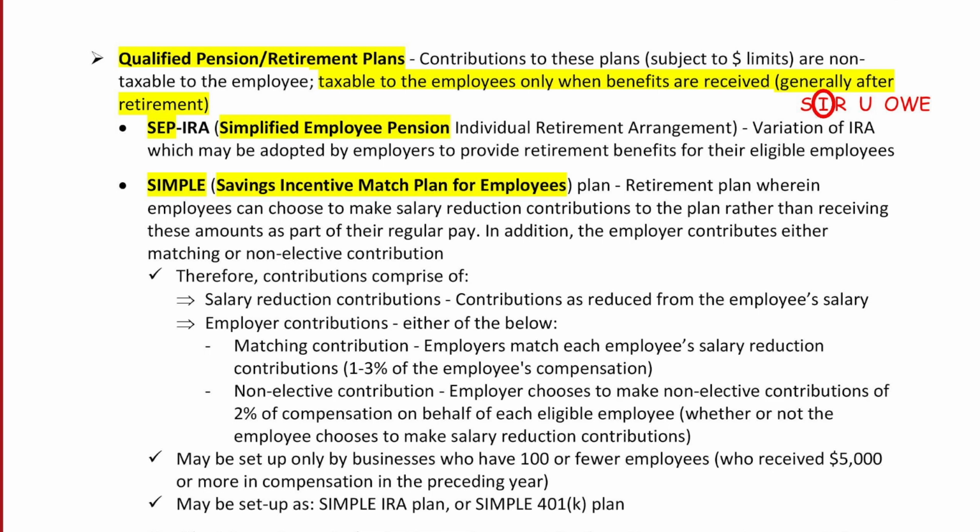This one's a retirement plan wherein employees can choose to make salary reduction contributions to the plan rather than receiving these amounts as part of their regular pay. In addition, the employer contributes either matching or non-elective contribution. Simple may be set up as a Simple IRA plan or a Simple 401k plan.